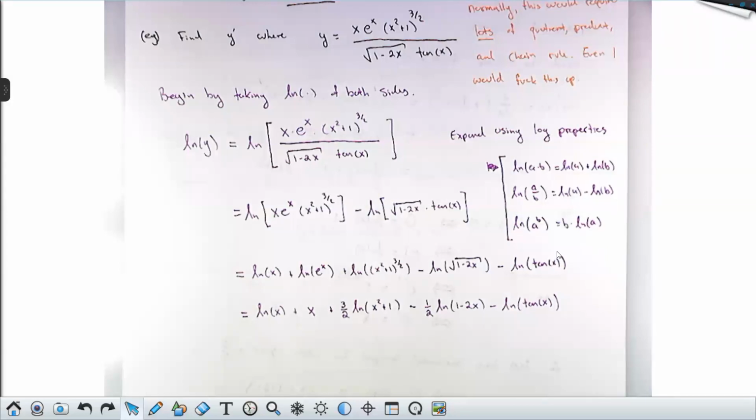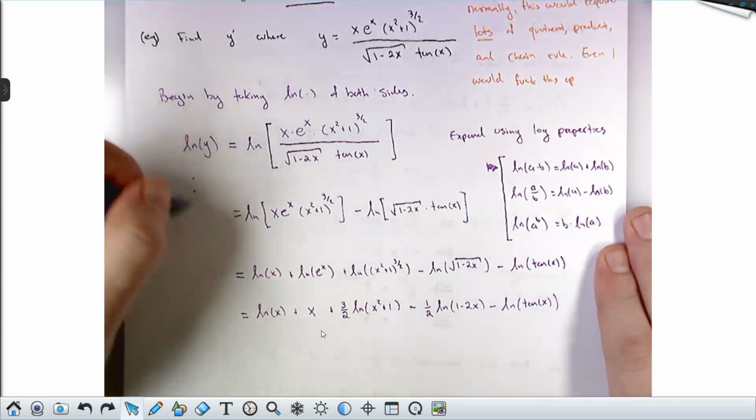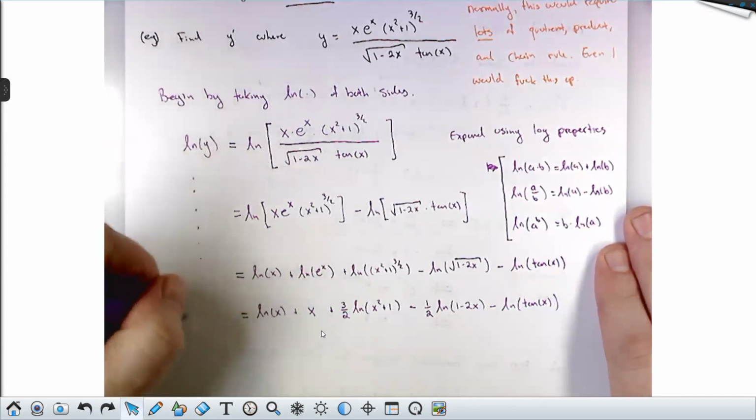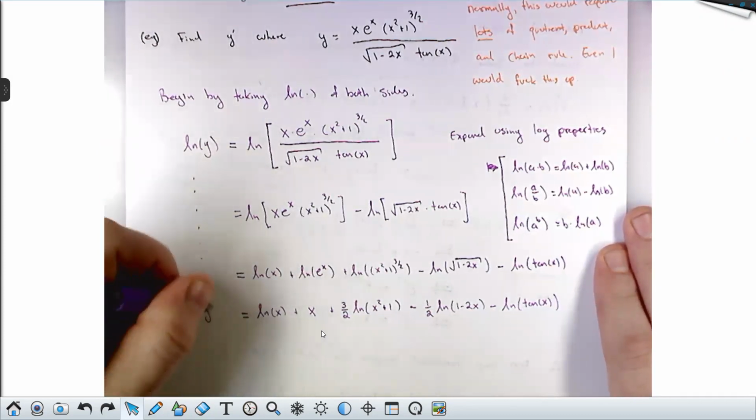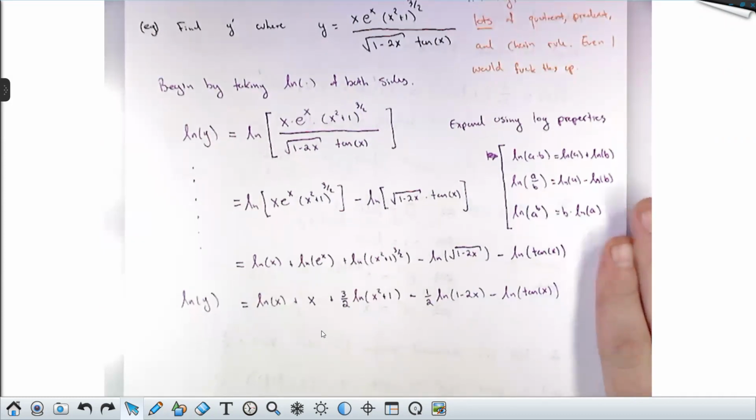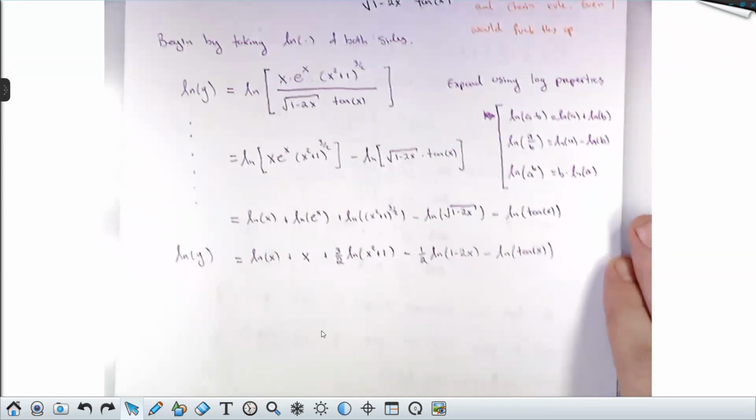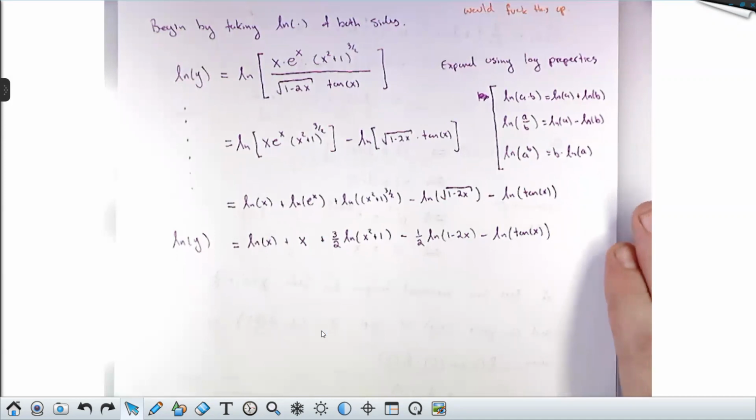And each one of these pieces is easy to differentiate. Some of them need a little chain rule, little chain rule, little chain rule. Some of them are just straight up, I don't even have to worry about the chain rule. So here's what we have. The left-hand side is still the natural log of y. So now I can differentiate on both sides.